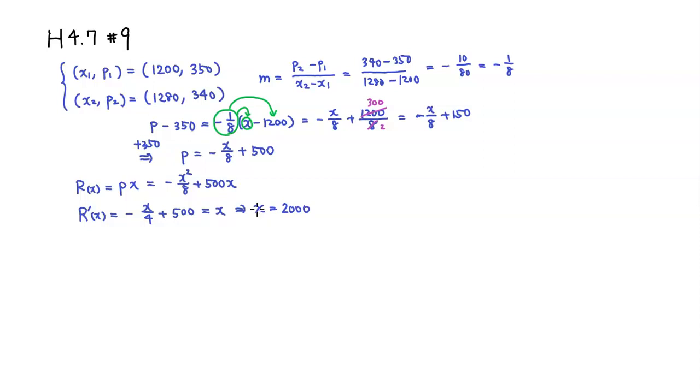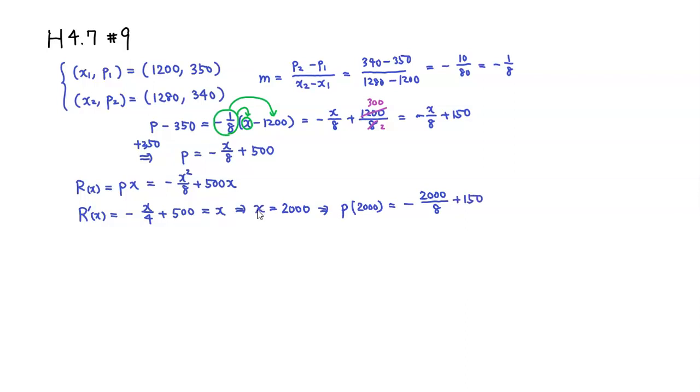Which means the price is going to be, we just have to plug 2,000 into the price function. We're going to get negative 2,000 over 8 plus 150. Right? What's this?